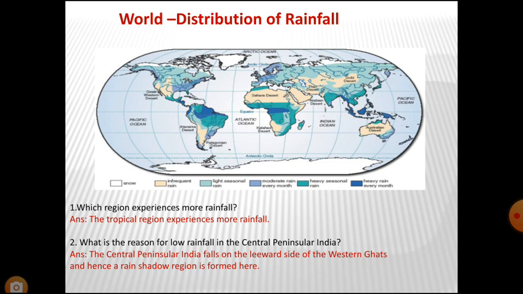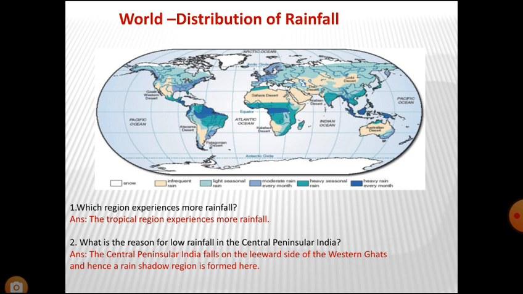The equatorial region, that is the monsoon region of Southeast Asia, and Northeast Europe, receive more rainfall. Polar regions, deserts and interiors of large continents receive less rainfall. Areas adjacent to heavy rainfall regions and coastal regions receive moderate rainfall.